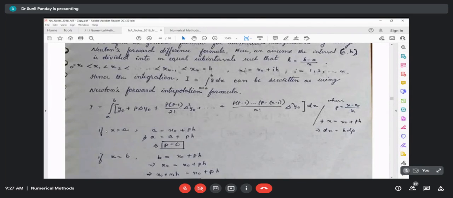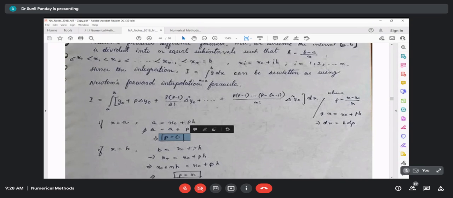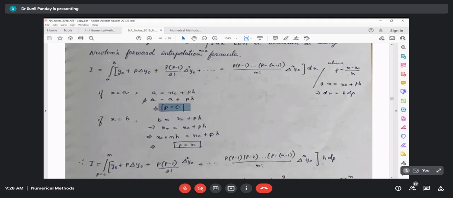So let at x equals a, I will have this, because the relation is x equals x naught plus ph. So a equals x naught plus ph, and x naught is still a. So finally your value of p is 0. Now for the upper limit, x equals b, I substitute b, but x naught is still a.